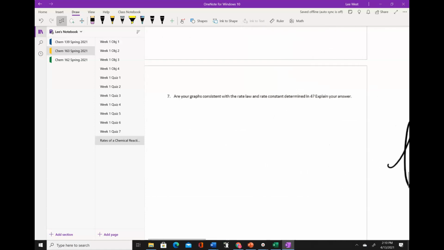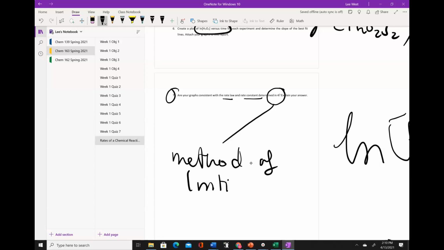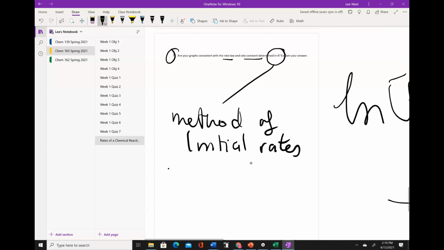So what we are now asked is this: are your graphs consistent with the rate law and rate constant determined in 4? So in 4, what did you do? You used method of initial rates, but we approximated initial rate.